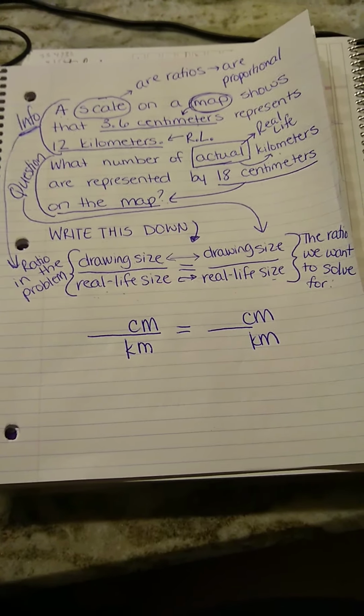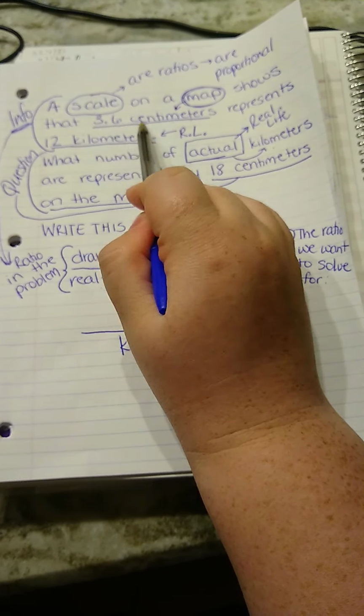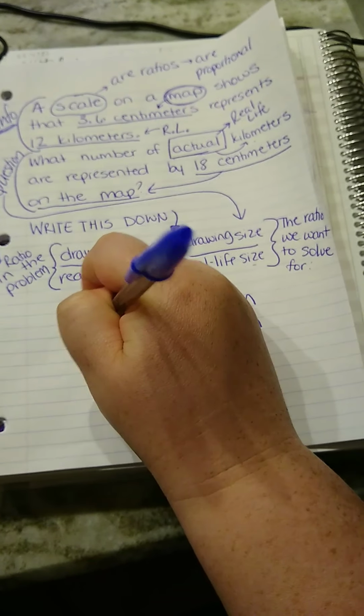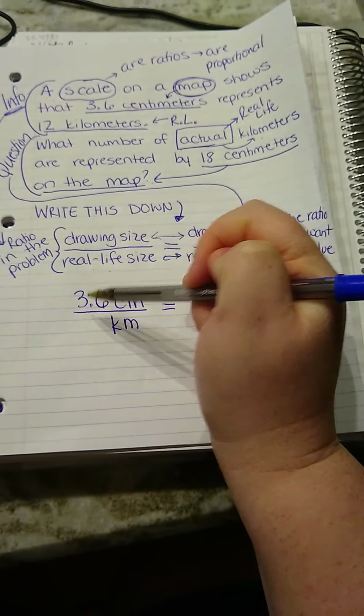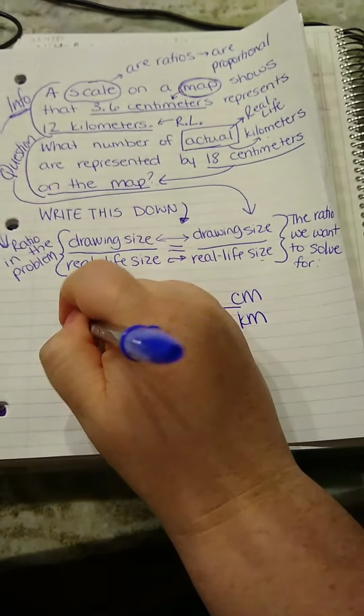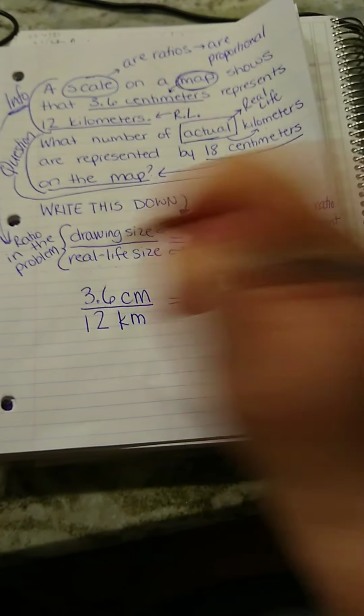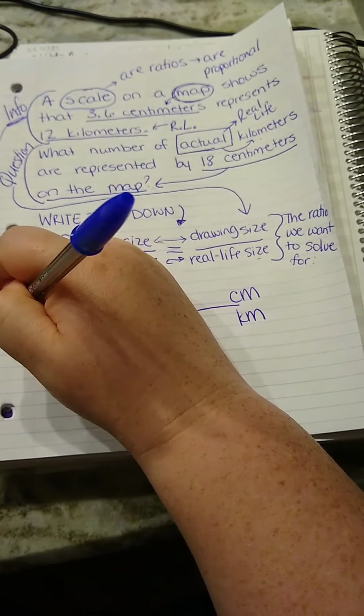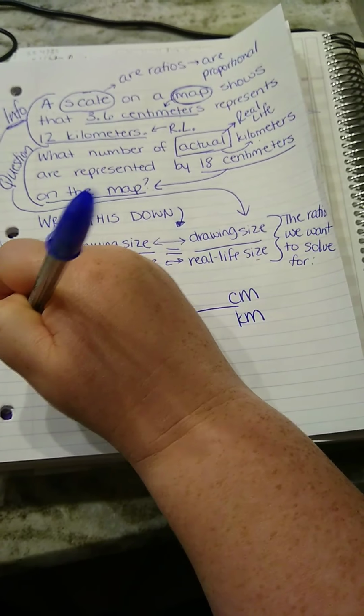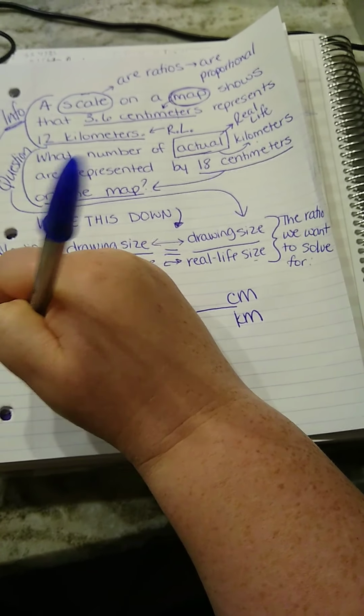Now we have to go back in our problem. 3.6 centimeters was in our info, so that goes on our ratio in the problem. And 12 was our kilometers, so that goes on the bottom. Again, this is the ratio that came from the info and is in the problem.